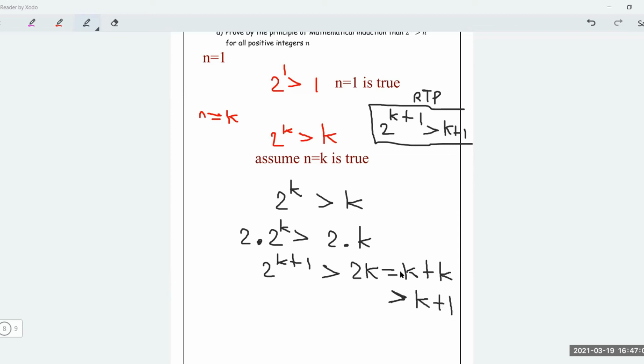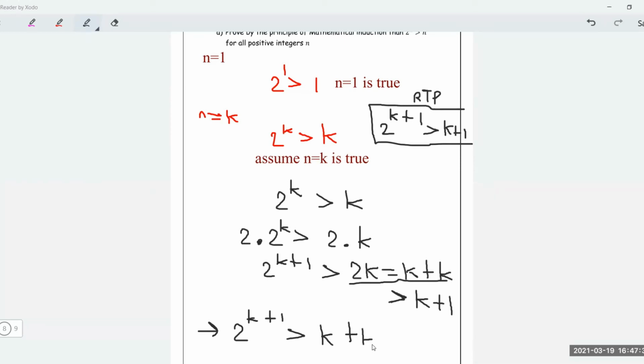Think about it. If k was 2, 2 plus 2 is 4, that's greater than 3. If k was 7, 7 plus 7 is 14, which is greater than k plus 1. So k plus k must be greater than k plus 1. So that implies that 2 to the k plus 1 is greater than 2k, which is k plus k.